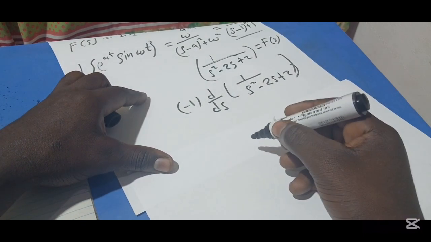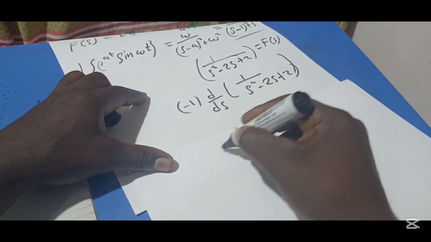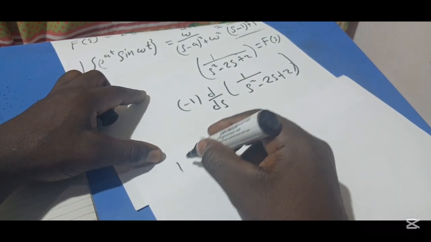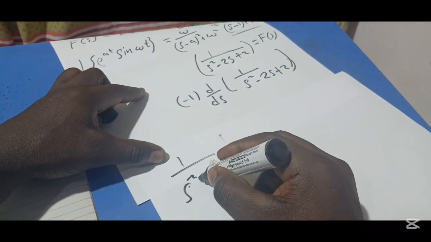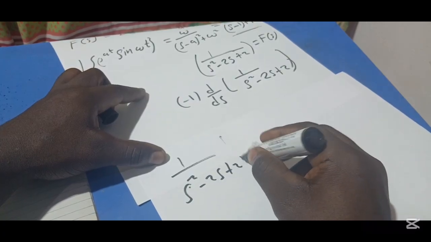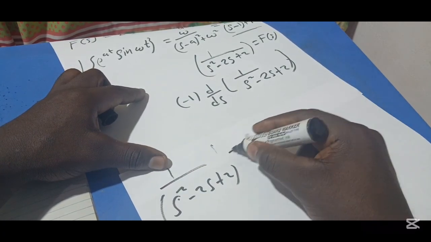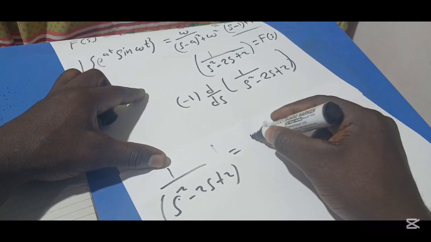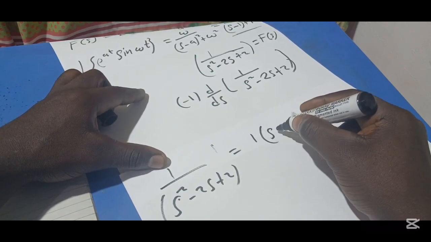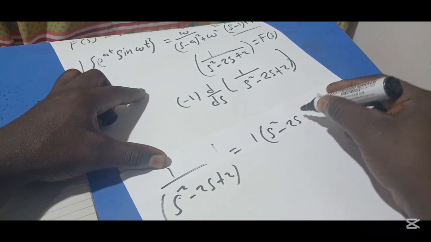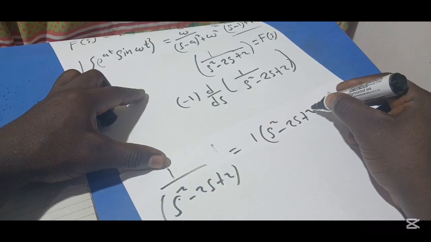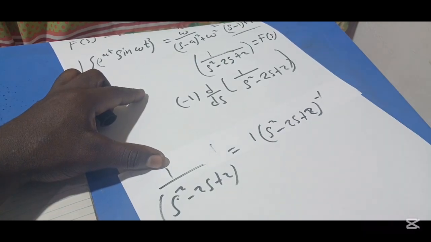So I want to find the differential of this. So 1 over s squared minus 2s plus 2, right? I would like to bring it up so that it will be easy. I will use the chain rule. So s squared minus 2s plus 2 to the power minus 1.